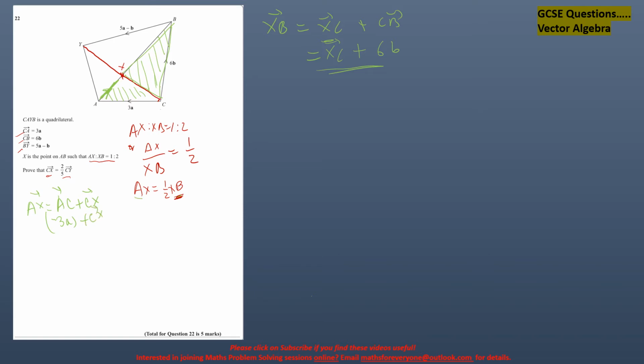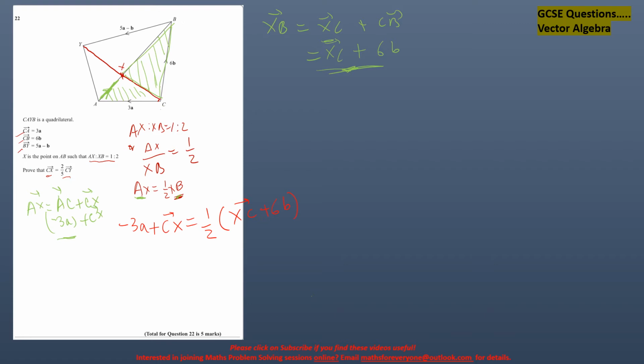So instead of AX we can write this, and instead of XB we are going to write this. So what we will get is minus 3A plus CX equal to half of XC plus 6B.